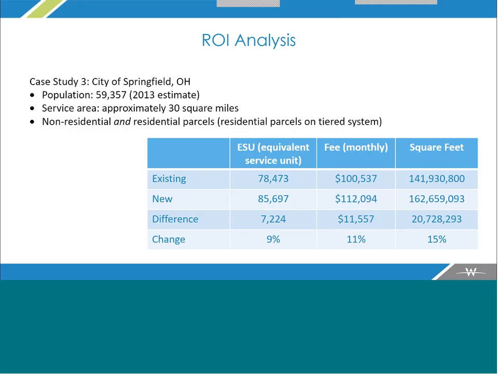And then we have City of Springfield, Ohio, which is an example of a much smaller community. As Daniel mentioned, the process is very scalable based on the information that's at hand. So for these guys, a 30 square mile service area versus anything in the hundreds plus square miles. They saw a difference of, again, here's another term, ESU versus ERU, about 7,000, which equated to about $11,500 a month increase, almost 21 million square feet.